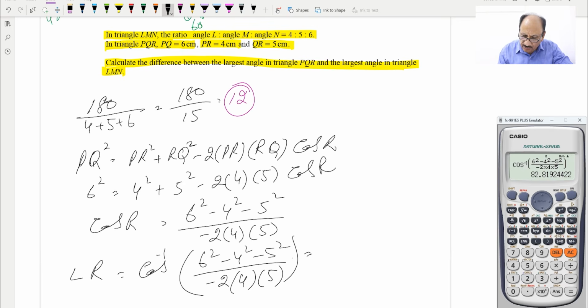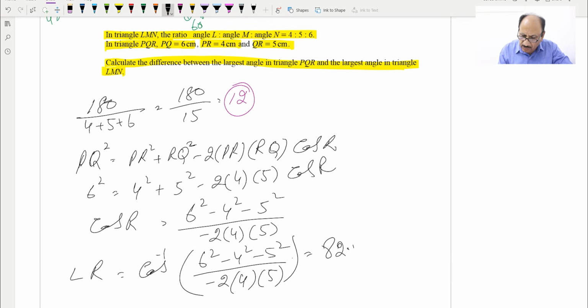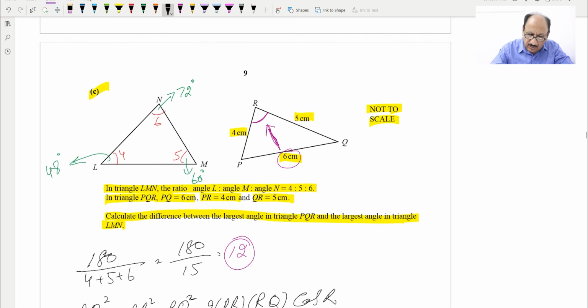We can write 82.82, and this is the angle R. We need to check the difference between this one and this one.